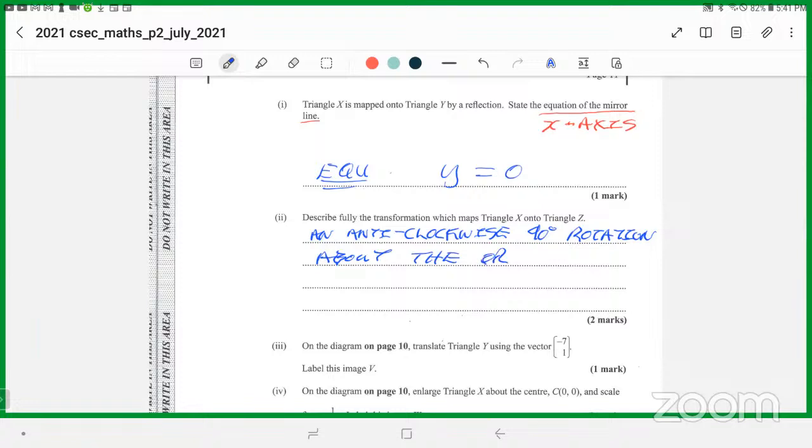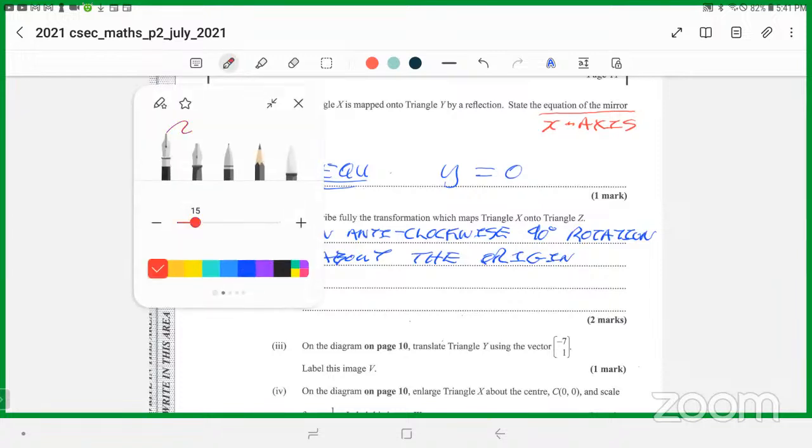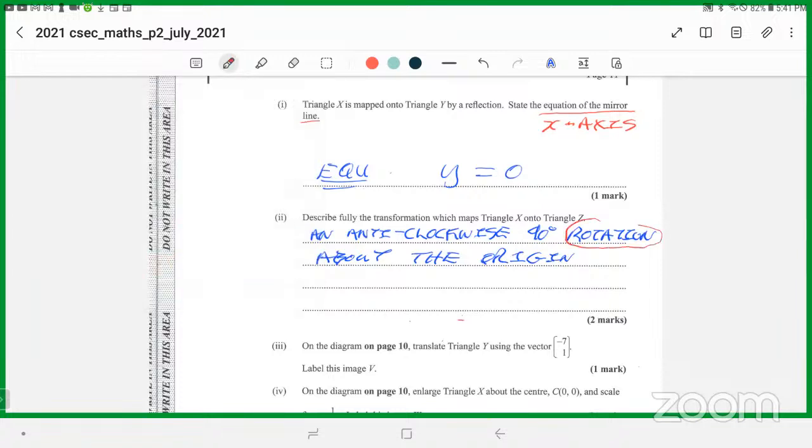Origin is the point 0, 0. Let's make sure that we have everything. We have the name, rotation. Rotation has 3 components. Angle, we have the angle. Direction, we have the direction. And we also have the center.